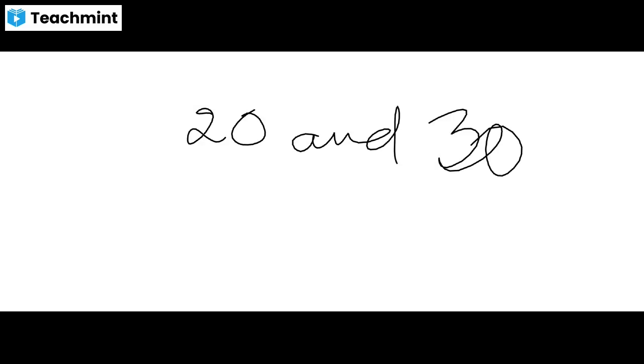Take any two numbers, say for example 20 and 30. If I ask you to find the HCF or even LCM of 20 and 30, I think most of you will come out with the right answers without any difficulty, because you know how to find the GCD and the LCM of numericals.